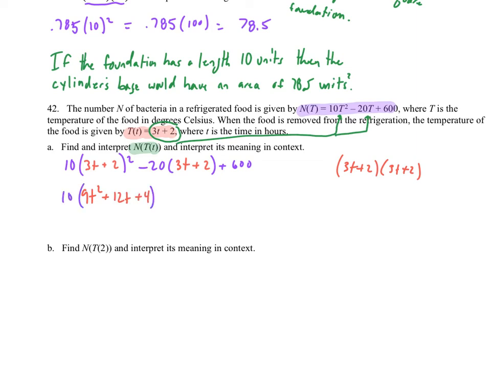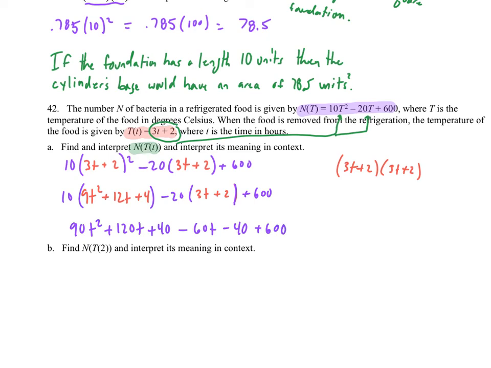And then the 10 is there, minus 20, plus 600. Then we have to do some distribution of the 10. Doing that gives me 90t squared plus 20t plus 40. Distributing the negative 20 gives me negative 60t, and then minus 40, and plus 600.